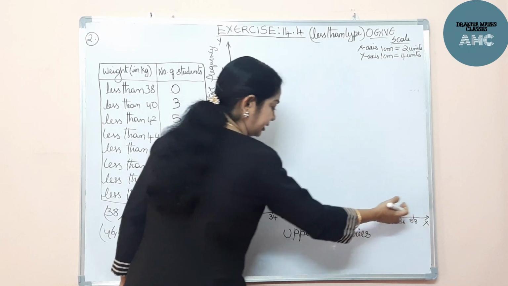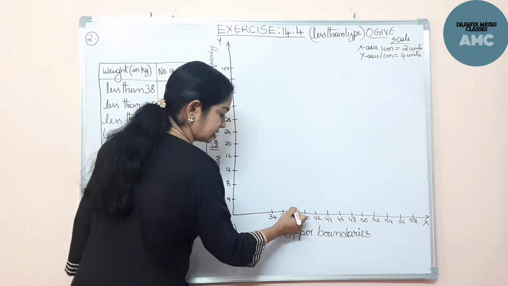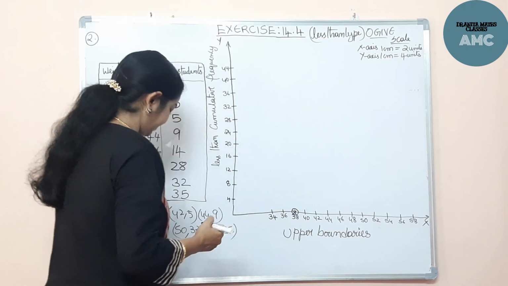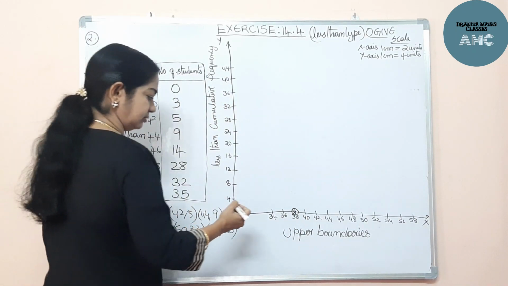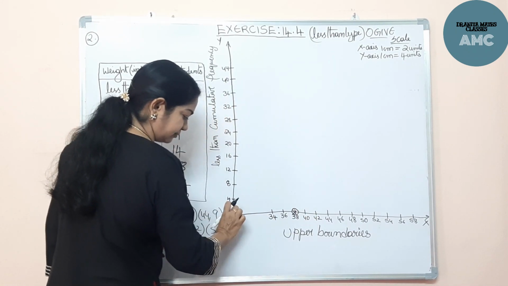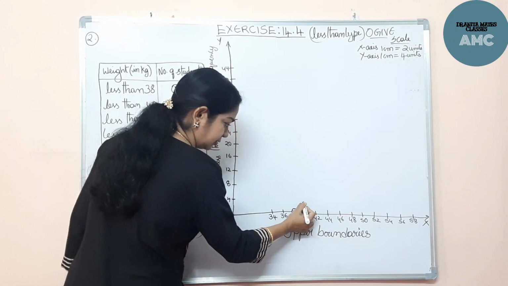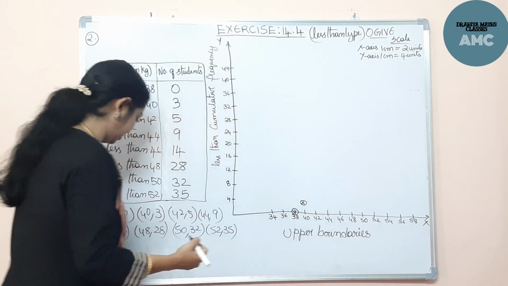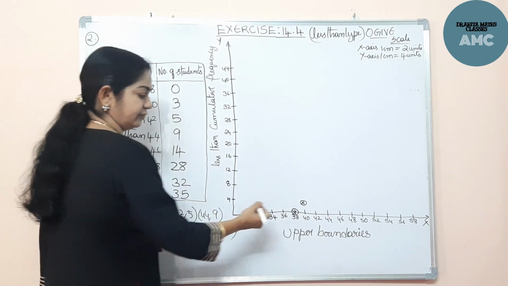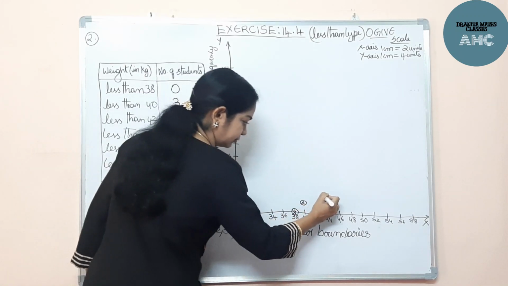38 first on the x-axis. 38 is here, and 0 means on the x-axis itself, this point. Now 40, 3: 40 here and 3 here, from 0 to 4, so 3 means just one line below. This is 40, 3. Now 42, 5. Five means just above the 4.